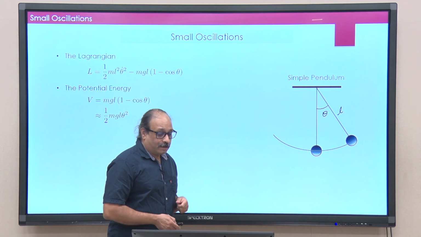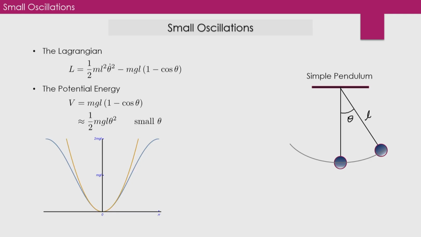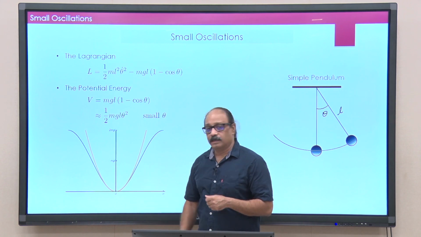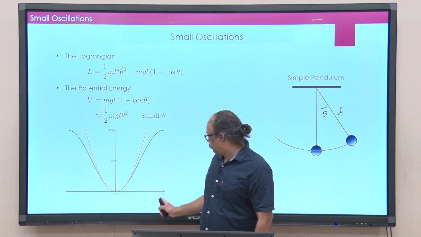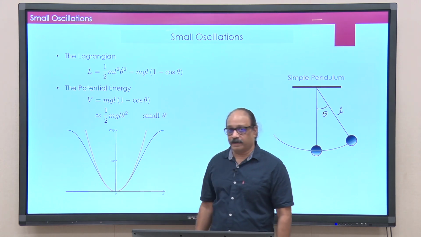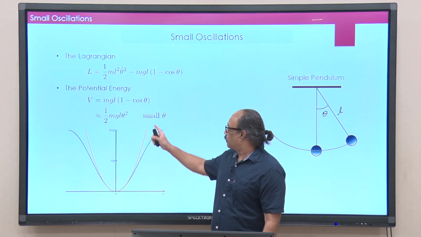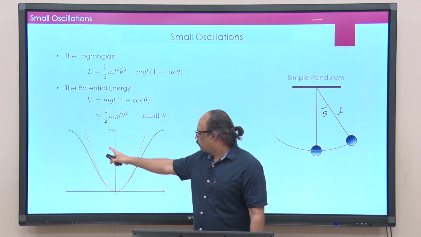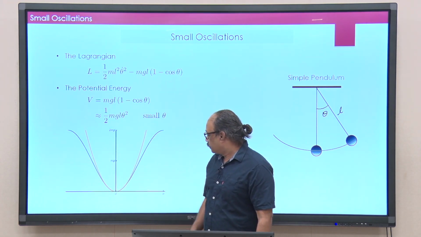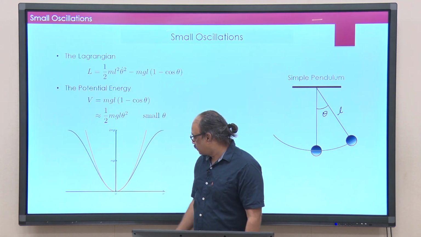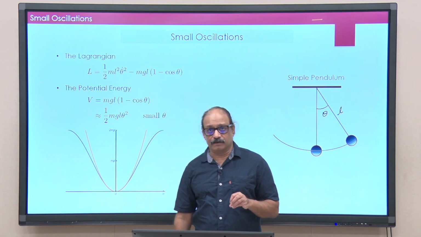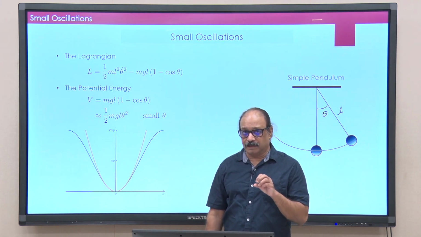Now, the question that we would like to ask is this: look at this potential energy diagram. The blue curve here is that of the potential energy of the simple pendulum, and the range of theta is from minus pi to plus pi. Then I have plotted the approximation theta square with this orange curve, and this orange curve of course matches the original potential curve for some values of theta near 0.